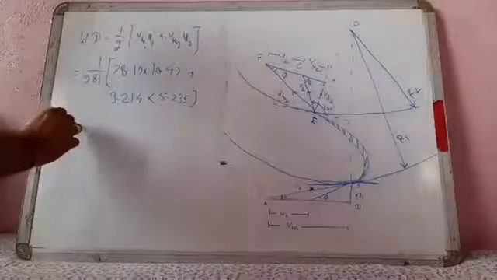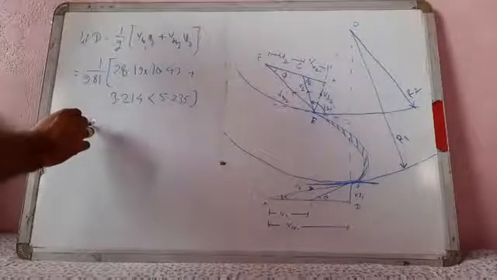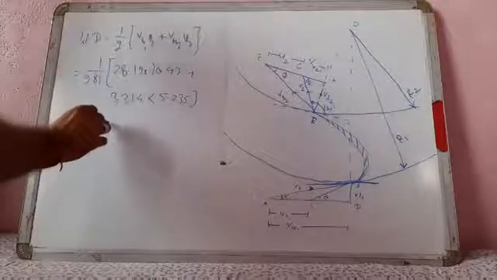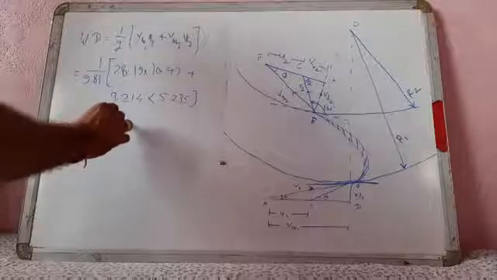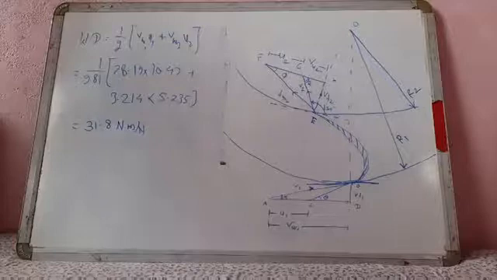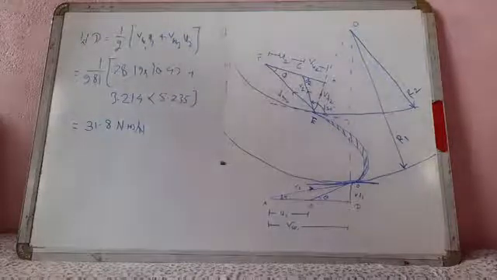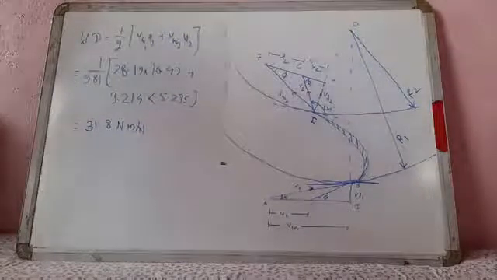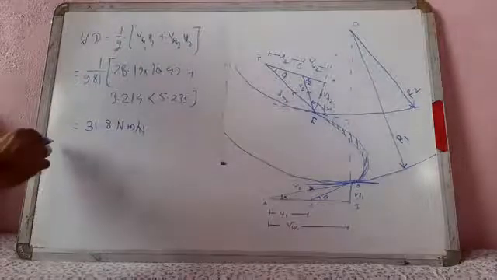Here this value comes to 31.8 Newton meter per Newton weight of water striking per second.